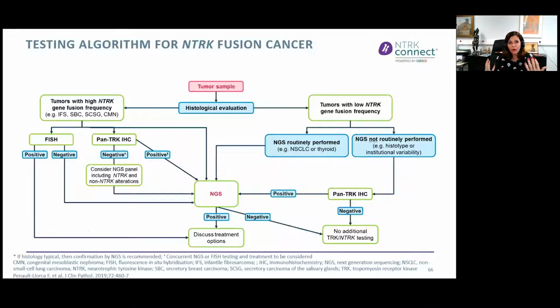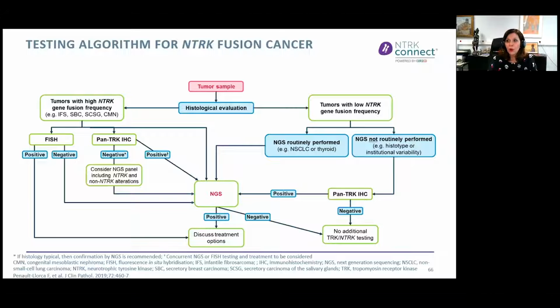So in terms of testing algorithm, if we start from the left, we have the category of the tumors with high NTRK gene fusion frequency. So the pediatric tumors and the salivary gland mammary-like and the secretory carcinoma. In those cases, in fact, we do what we were doing before.